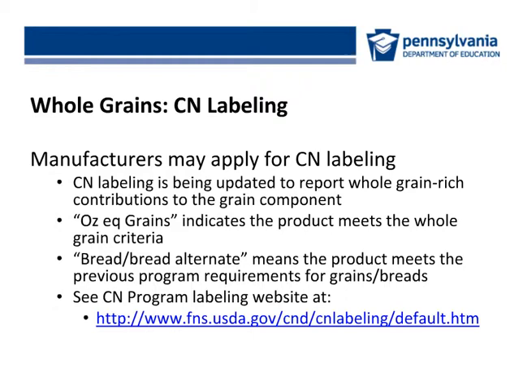If you notice a CN label states bread or bread alternate, this means the product meets the previous program requirements for grains and breads. And in this case, you would need to refer to the nutrition label and ingredients list for more information to determine whether the product is considered whole grain rich. For more information on CN labels, you can visit their website that we provided on this slide.